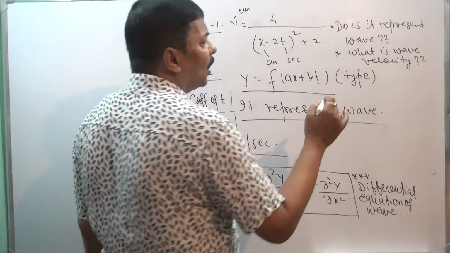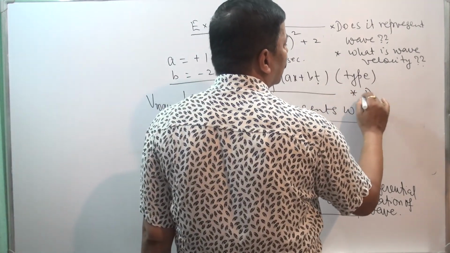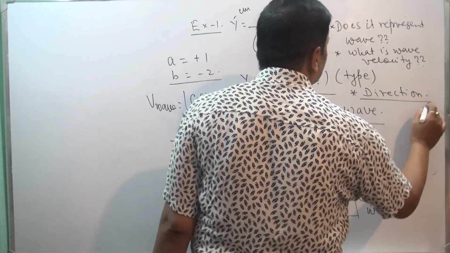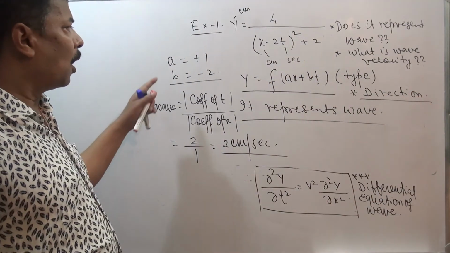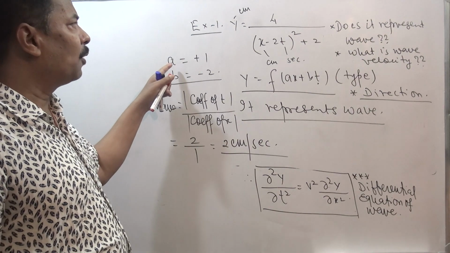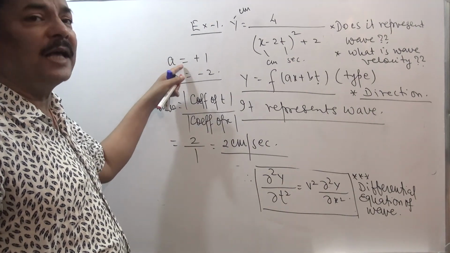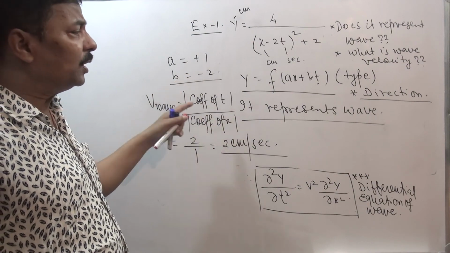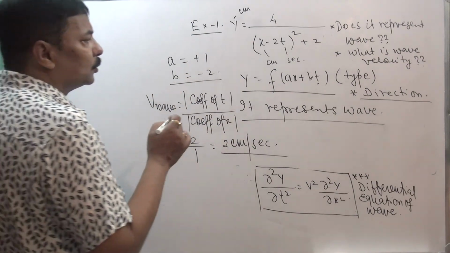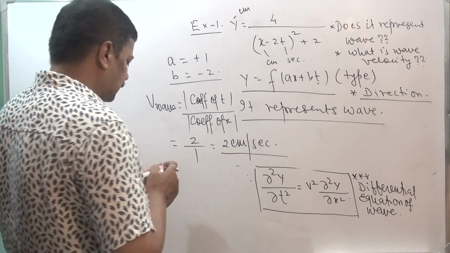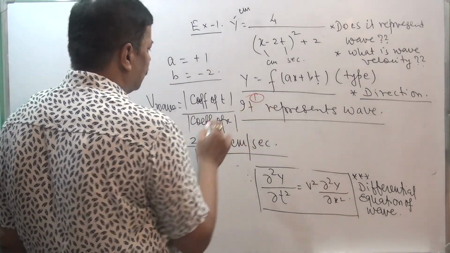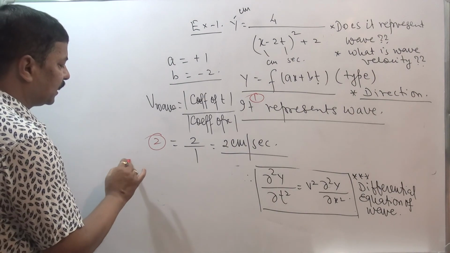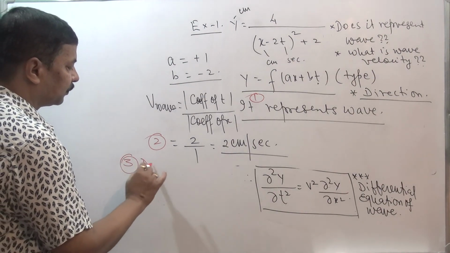Now the third thing is direction. What is the direction? As you observe here, the coefficient of t and x, one is positive and one is negative. So this is your first answer, this is your second answer, and the third answer is direction.